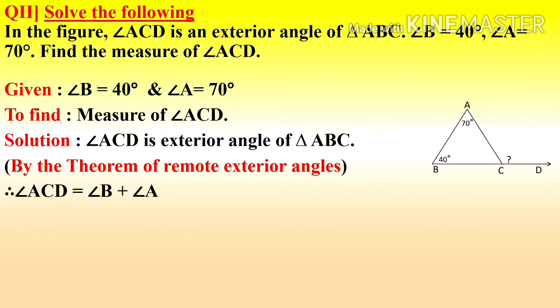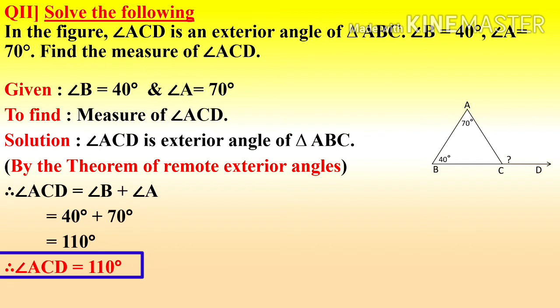Now substitute the value of angle B and angle A. So addition of 40 degree plus 70 degree, what we get, student? 110 degree. Therefore, our angle ACD is how much? 110 degree. Understood? Good.